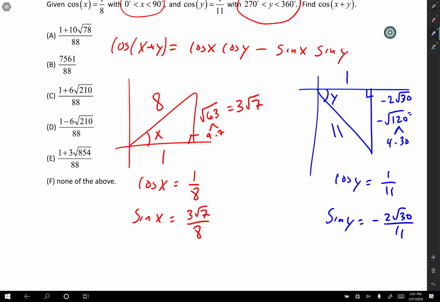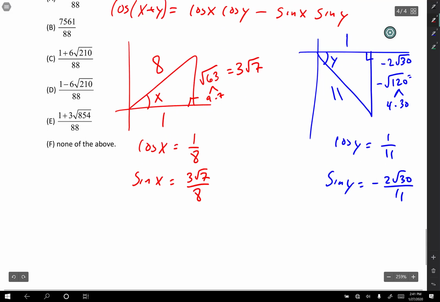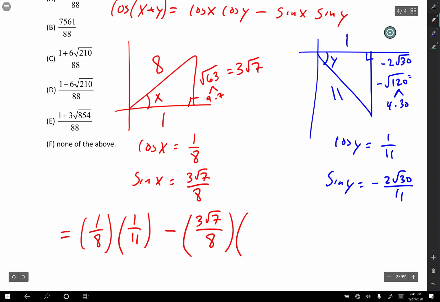Are we still okay, guys? Okay. I'm not going to color code it anymore. I'm just going to write down my sequence. Cosine x, 1/8. Cosine y, 1/11. Minus sine x, 3 square root of 7 over 8. Sine y, negative 2 square root of 30 over 11.